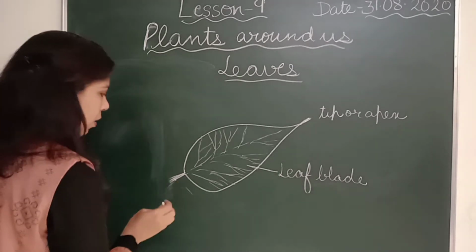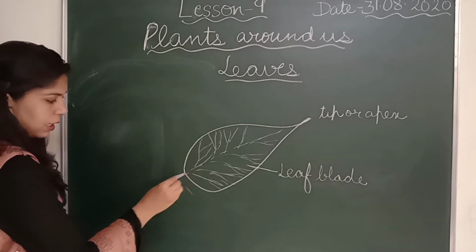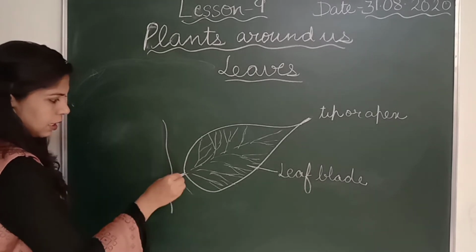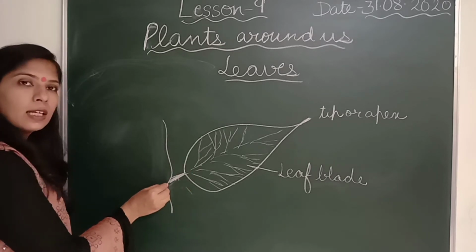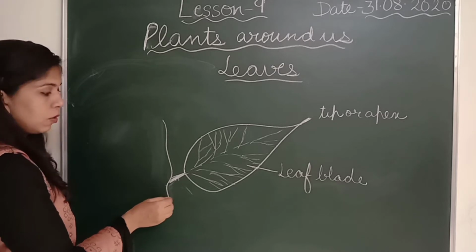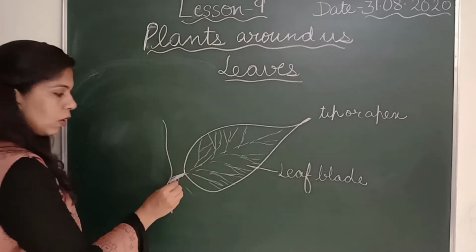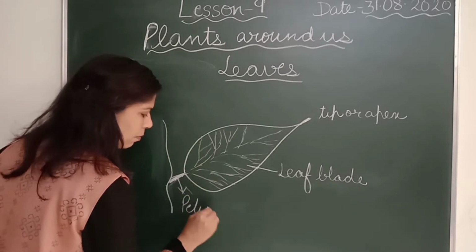Got it? Now come to this point. This is the part by which your leaf is attached to the stem or any branch. So what do we call it? We call it petiole.